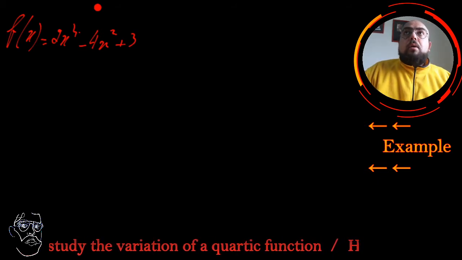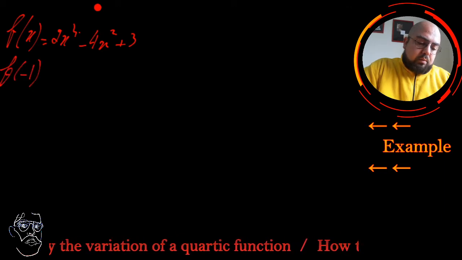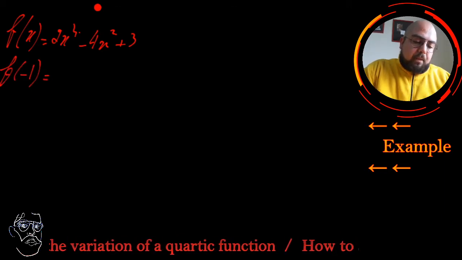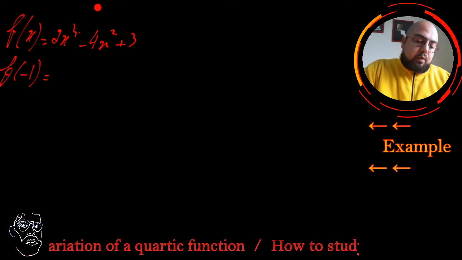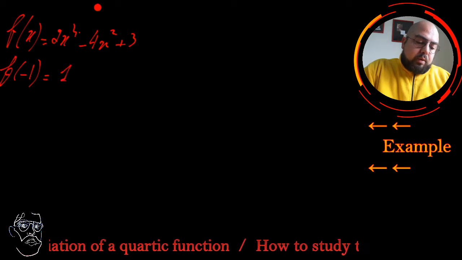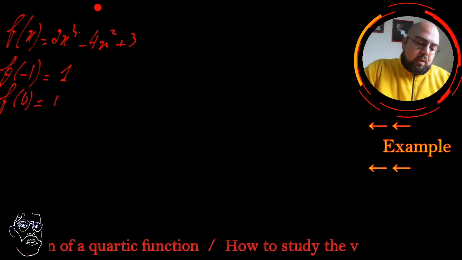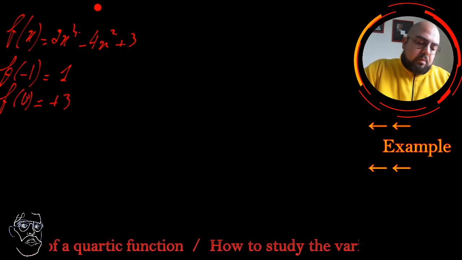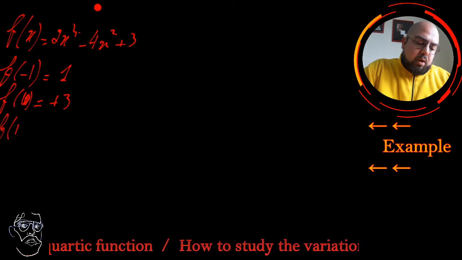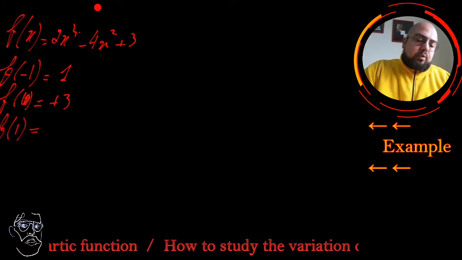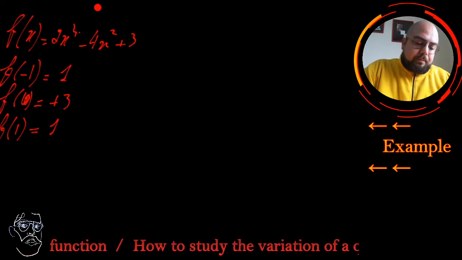The values are f of minus 1, it will be 2 plus 3, 5, minus 4, so it will be 1. f of 0 is equal to 3, this is the maximum. f of 1 is equal to 2 plus 3 is 5, again minus 4, it's 1.